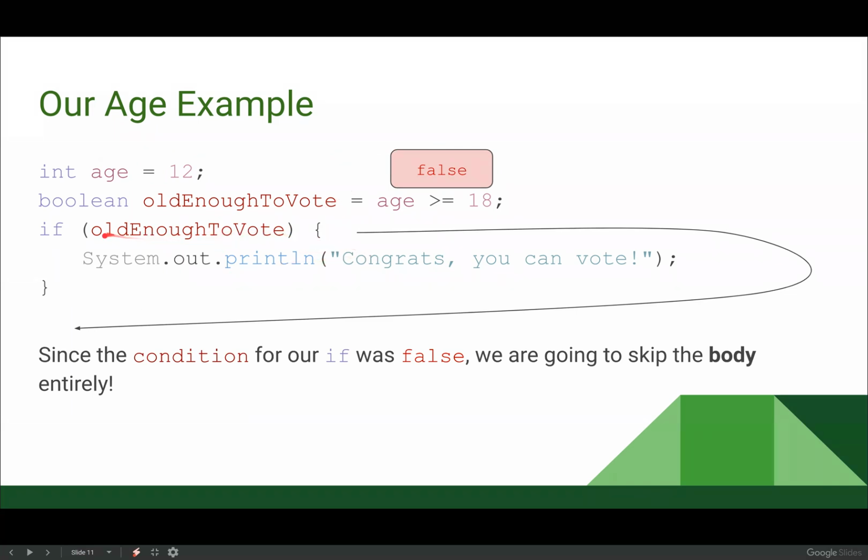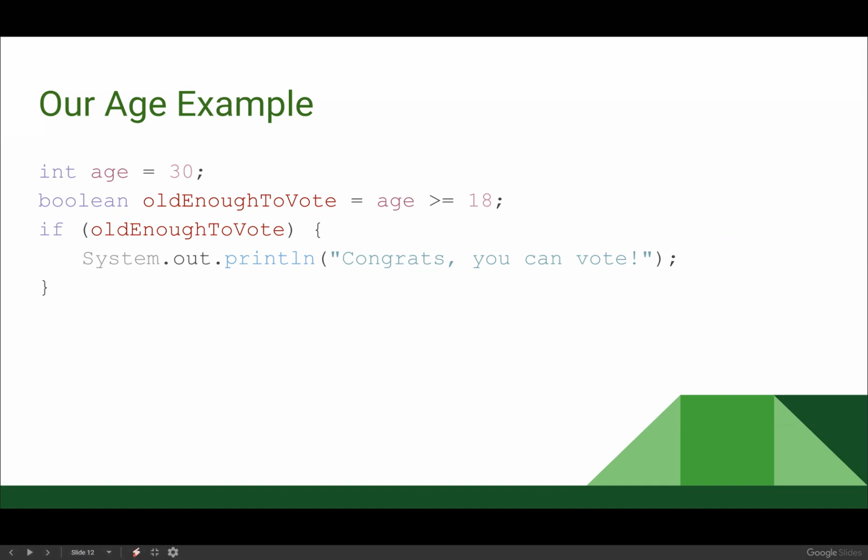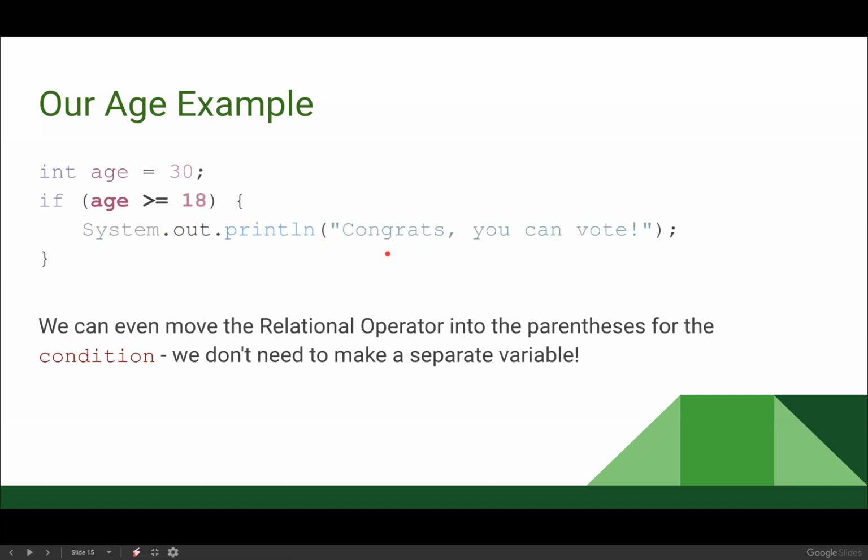Because the condition of the if was false, none of the body runs. Now, if I change age to equal 30, old enough to vote will equal true. Since old enough to vote is true, my condition for my if statement is true. We're going to actually run the output here and print, congrats, you can vote.